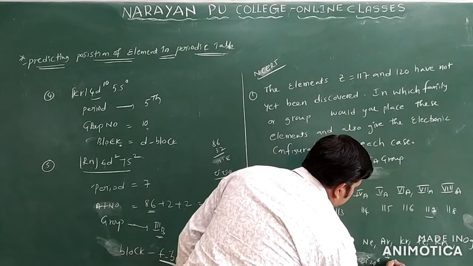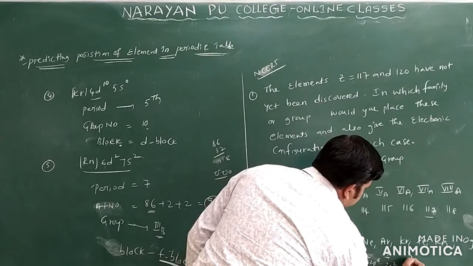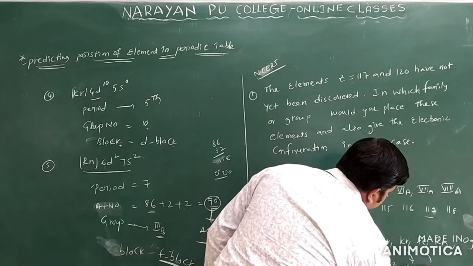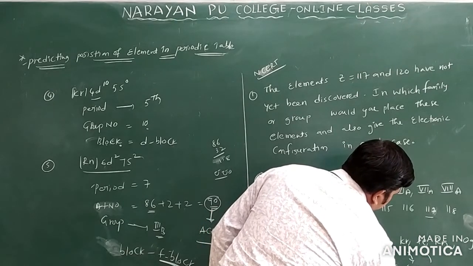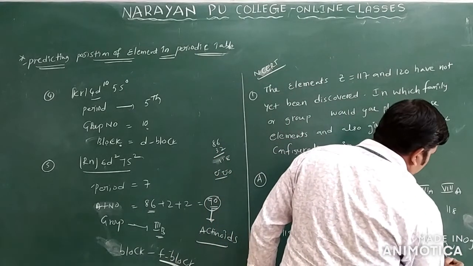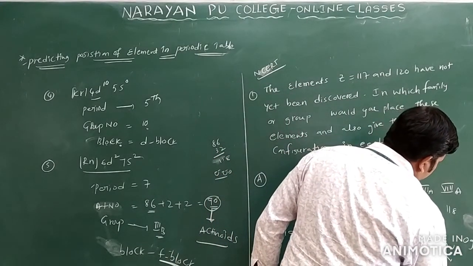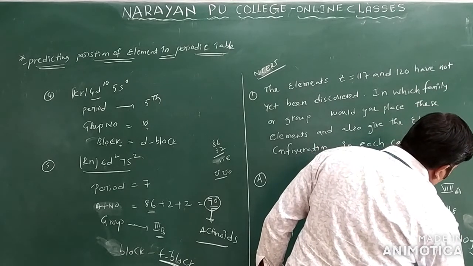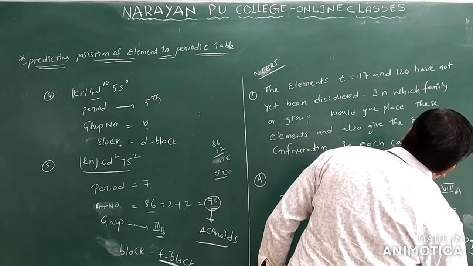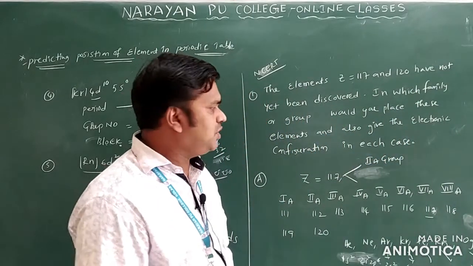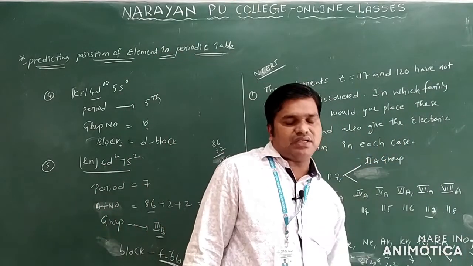Then 3s2 3p6, and 4s2 4p6. This is 5s2 5p6. And radon comes under 6s2 6p6. If we take Oganesson, it is recently discovered, and it comes under 7s2 7p6 configuration. So this may be the noble gas after radon.